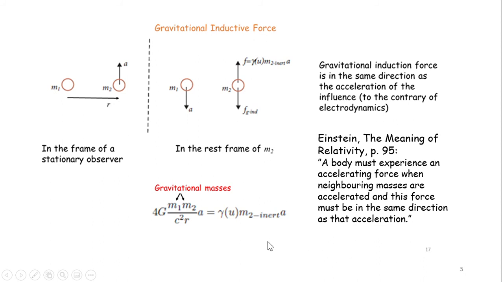Now, in order to do the calculation, M1 is not one single object. It's the rest of the universe. And it's very important since the most distant objects contribute most. So we have to integrate M1, including all mass elements of the universe.